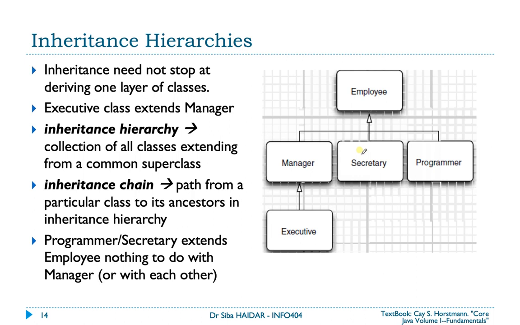What do I mean nothing to do with each other? I mean I cannot have an object variable called manager M and let this manager M equal new secretary. The compiler will not accept. There is no inheritance chain between manager and secretary.